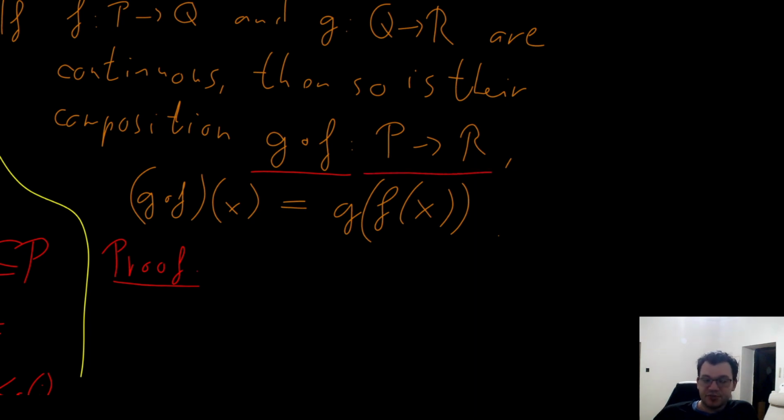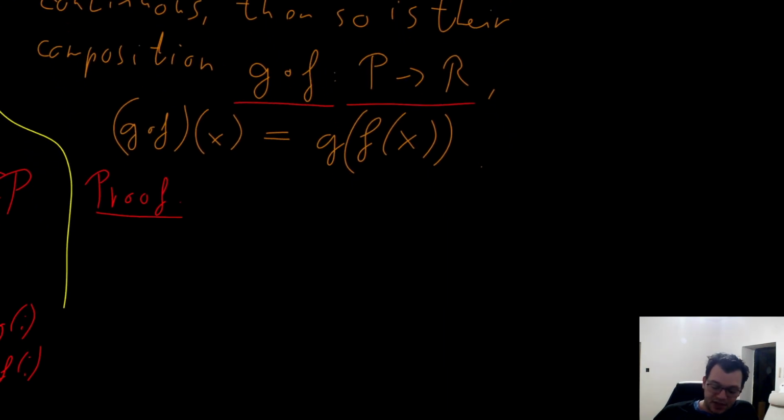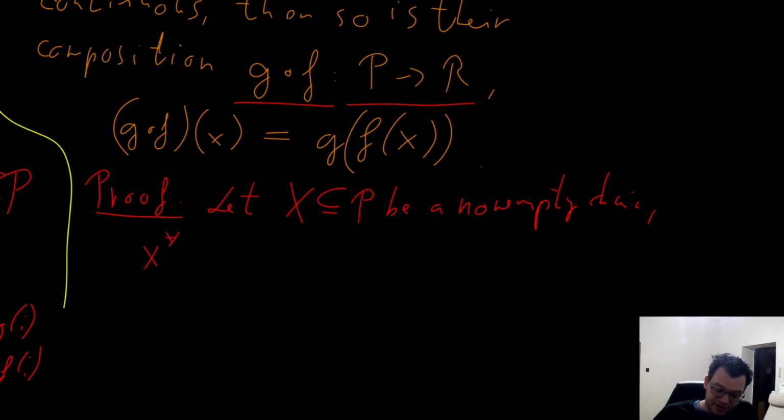These are the types, so I have to start from a chain in P because it's the input poset. So let X be a subset of P, a non-empty chain, as always, and X star be the supremum of X.